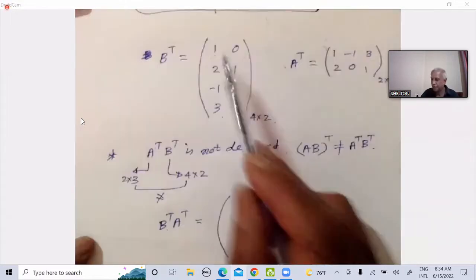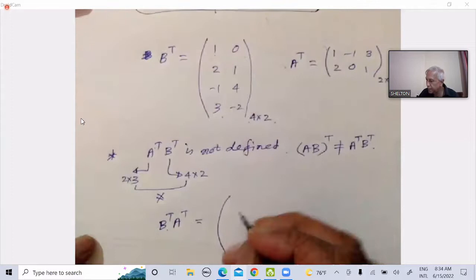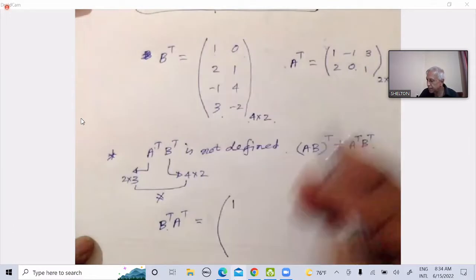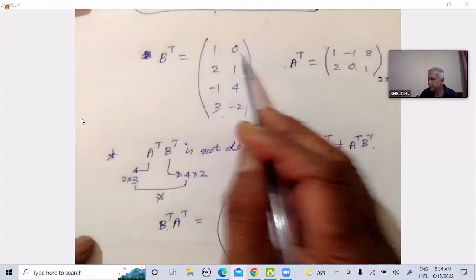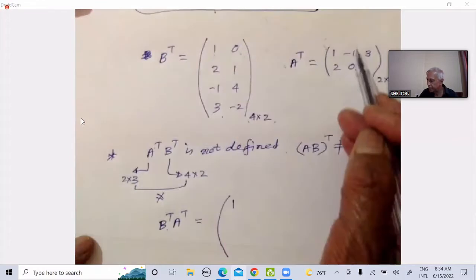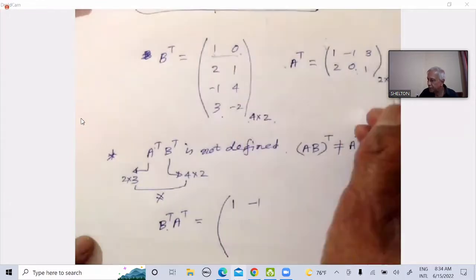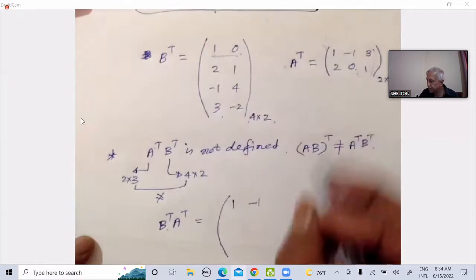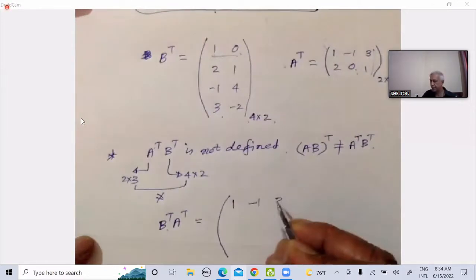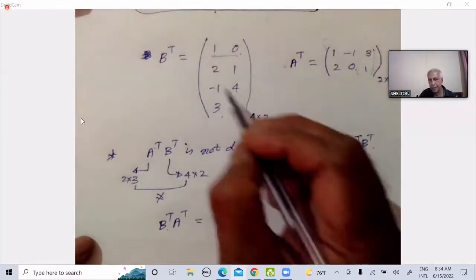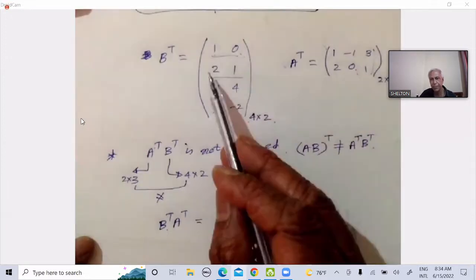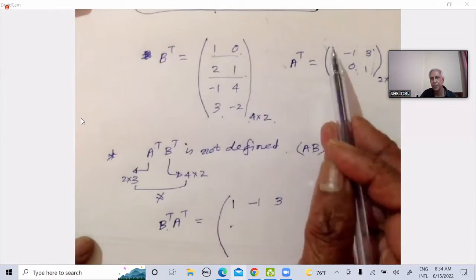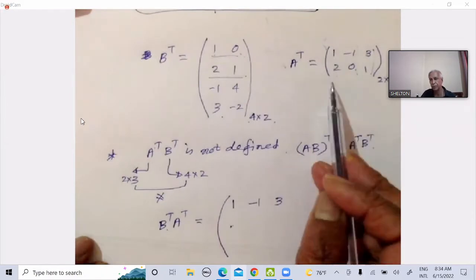This times this, the answer is 1. This times that, again minus 1. This times the second one, minus 1. First row, third column, multiply, you get 3. Then what is the entry here? Second row, first column.